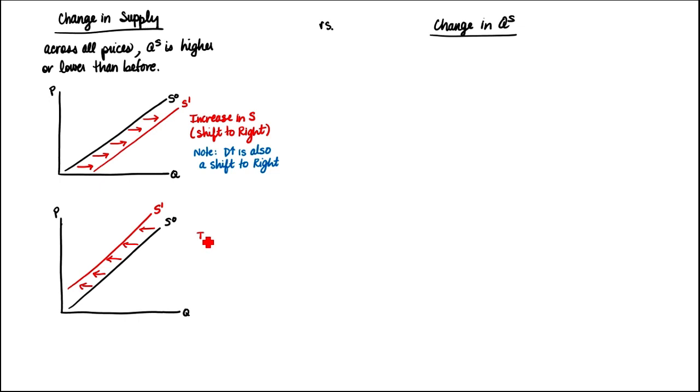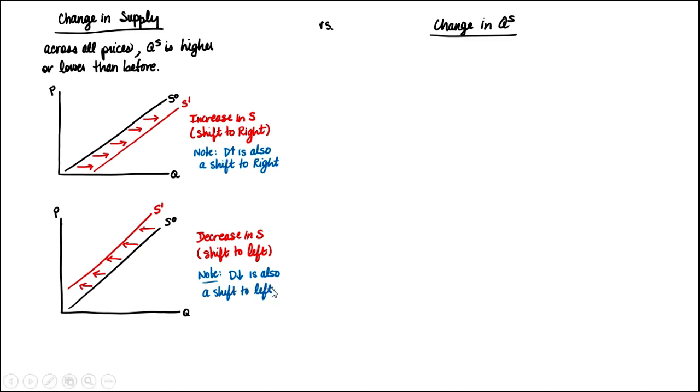So what we've just illustrated is a decrease in supply, and we draw a decrease in supply as a shift to the left. But remember, same note, a demand decrease is also a shift to the left.